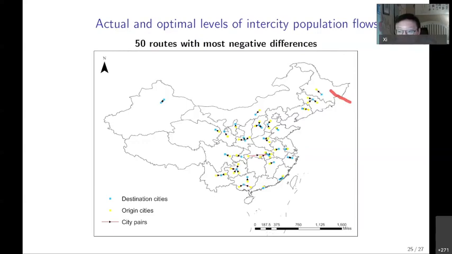So then this arrow points from origin cities to destination cities. Those are the pairs of cities, the top 50 routes in China. Definitely, there are 360 to the power of 2 pairs. But on those 50 routes, the travel regulations can be loosened.